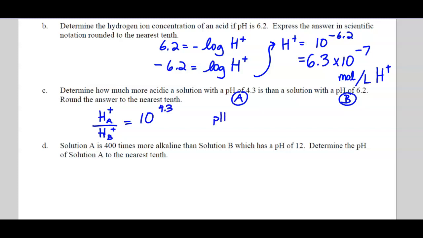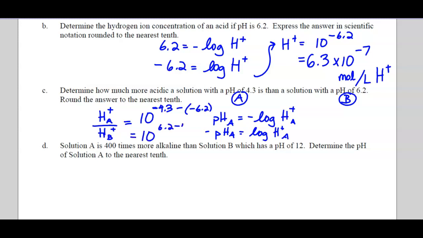If we think about it, pH of A is negative log of hydrogen ion of A. So this value, hydrogen ion of A, is equal to 10 to the negative of the pH of A. And then I'm going to subtract the negative of the pH of B, which when I subtract a negative is like adding. So this is really going to be 10 to the 6.2 minus 4.3.